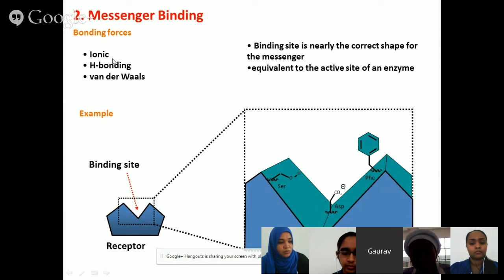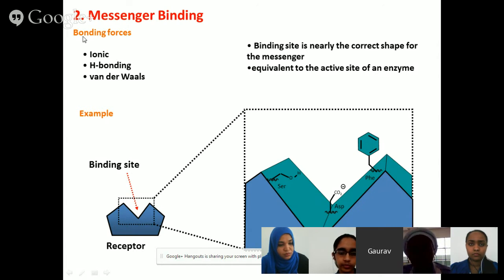First is the ionic bond. You can see here ionic bonding between the ions. Next, the hydrogen bond, and third is van der Waals bonds. Each and every chemical messenger binds with a receptor due to these three types of bonding forces.